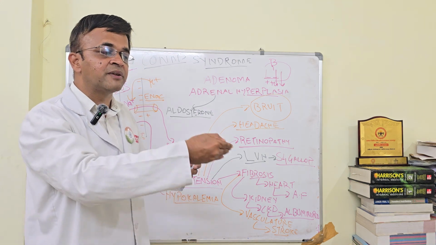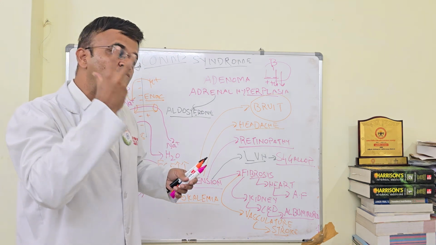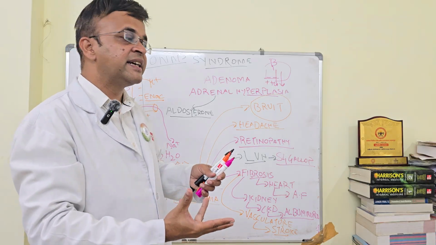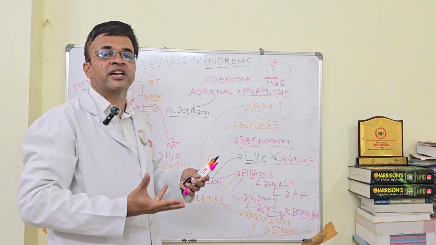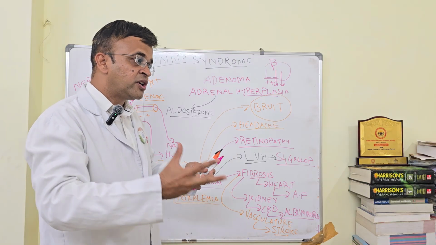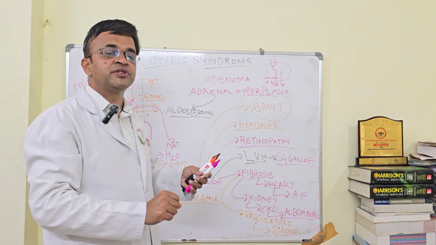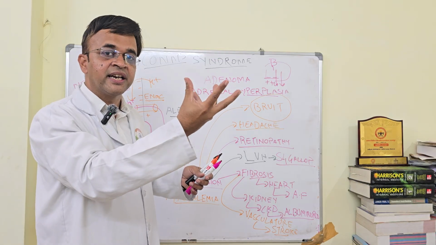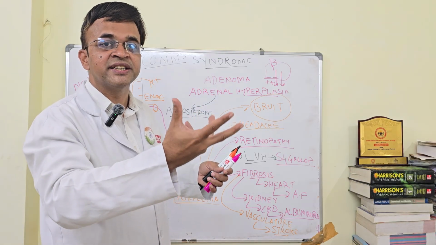Since it is not coming all the way up to minus 40, your voltage gated calcium ion channels won't open. So the calcium won't be able to fuse to the vesicles containing insulin, and insulin won't get released.